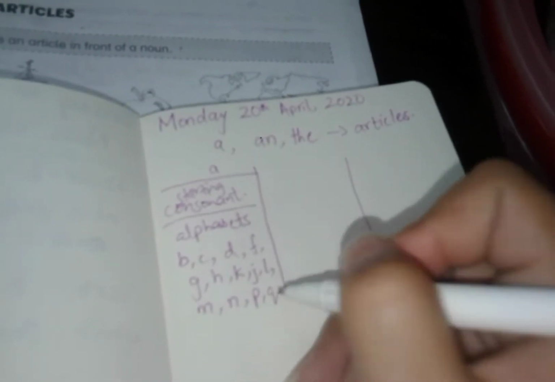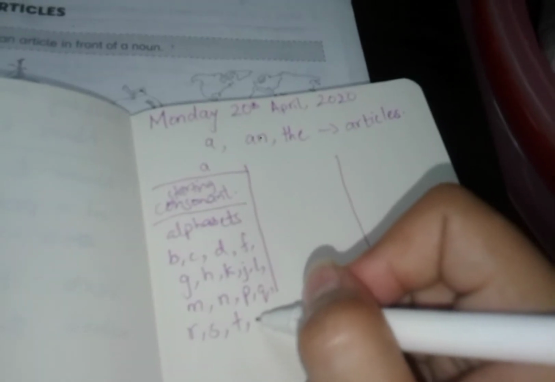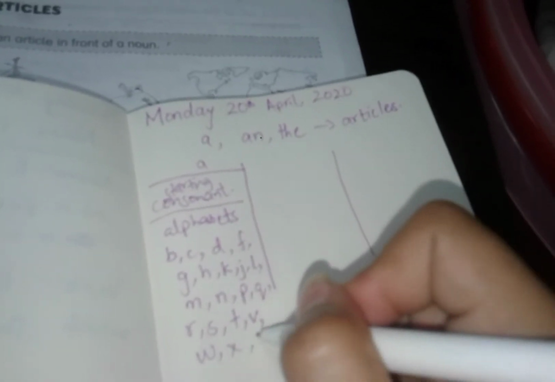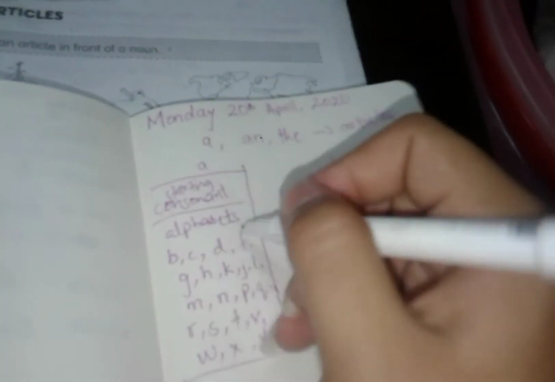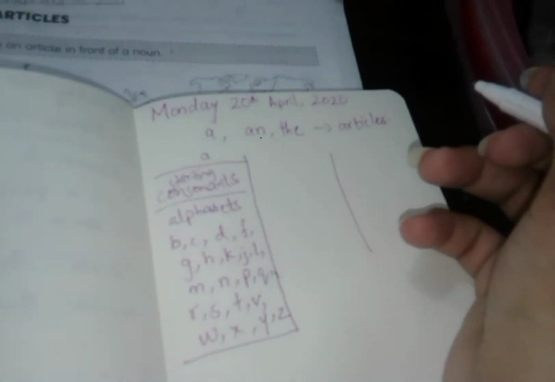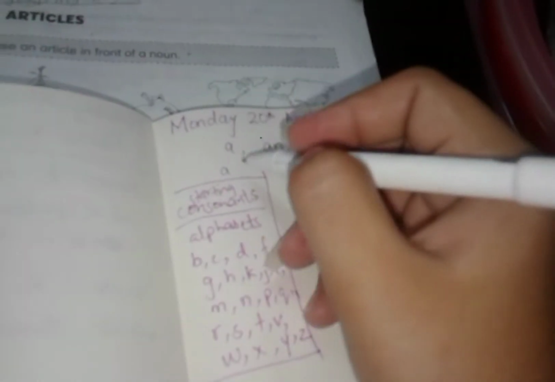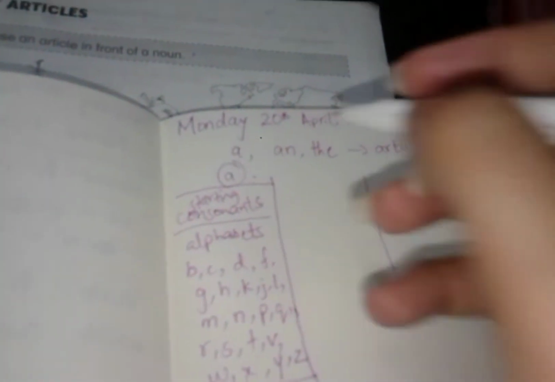P, Q, R, S, T, U is a vowel. V, W, X, Y, and Z. These alphabets are known as the consonants. So any word that is starting with a consonant, we use the article a before that noun.